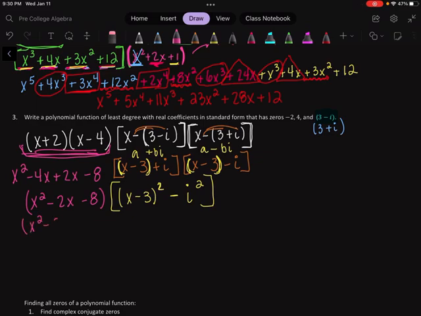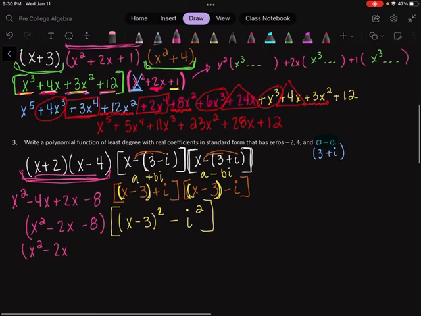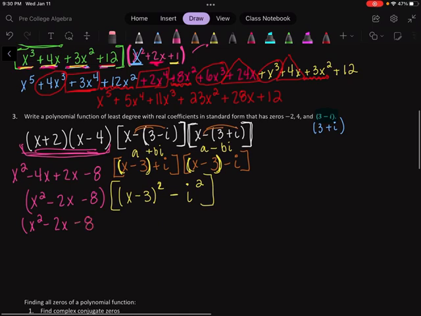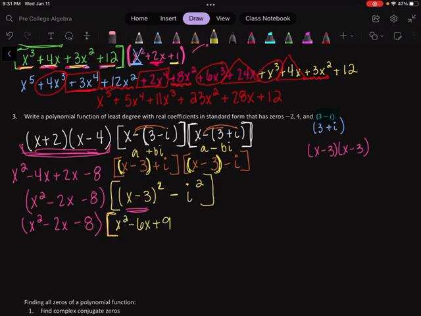So keep simplifying a little bit further. I'm going to need to FOIL that out. x minus 3 times x minus 3. So that is x squared minus 6x plus 9, and we know that this becomes a negative 1, so it's a negative times a negative 1, so that's plus 1 right here.